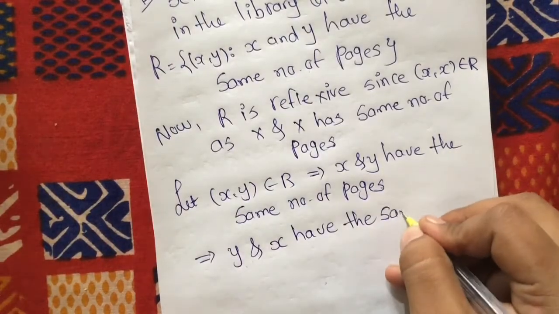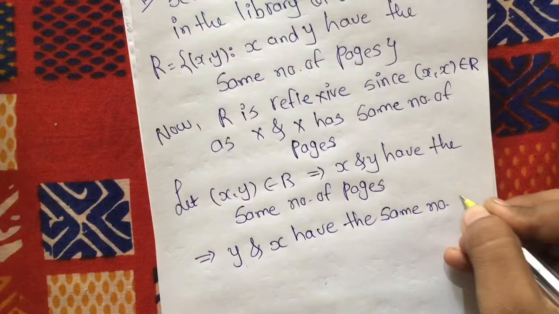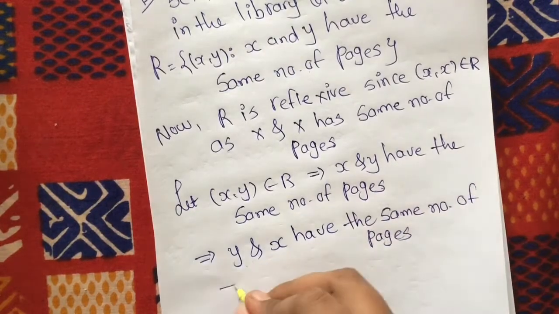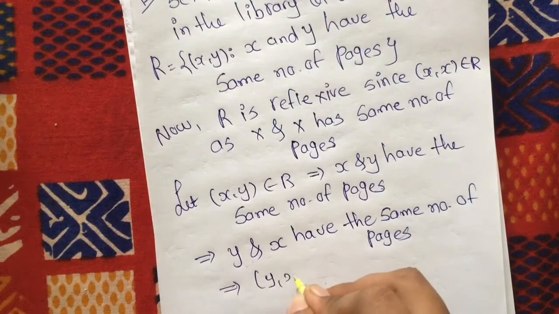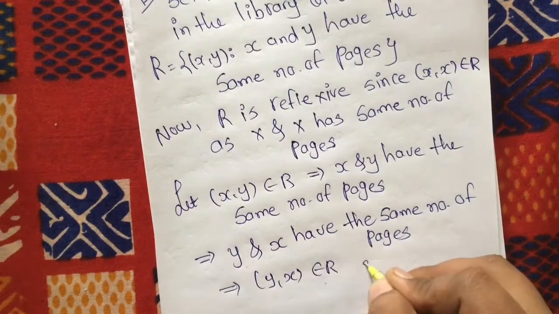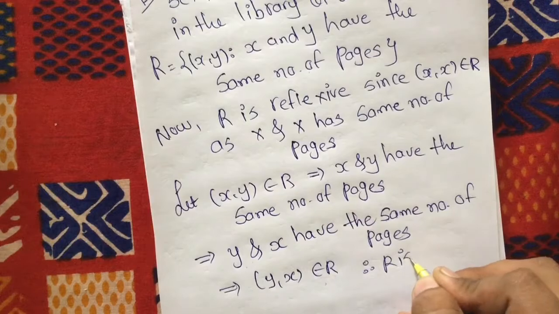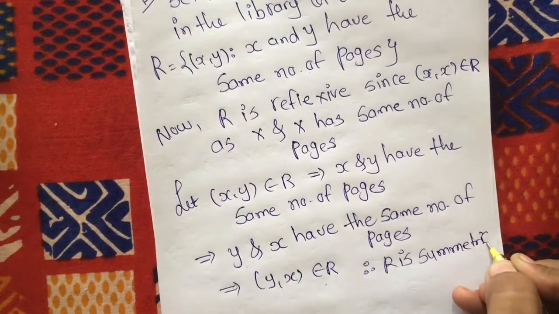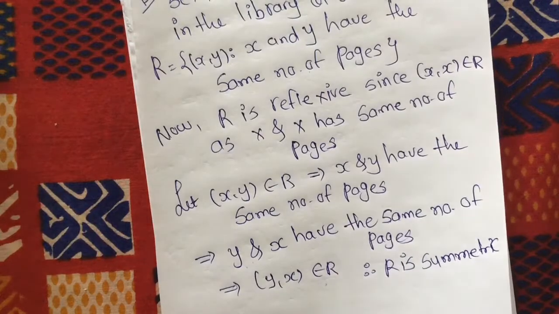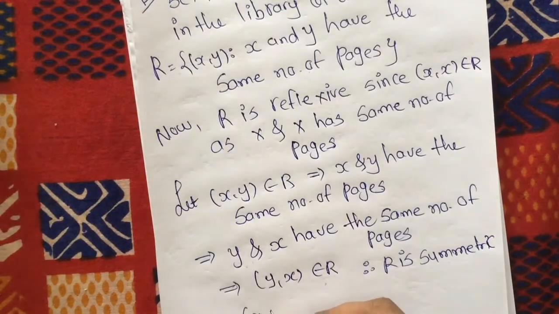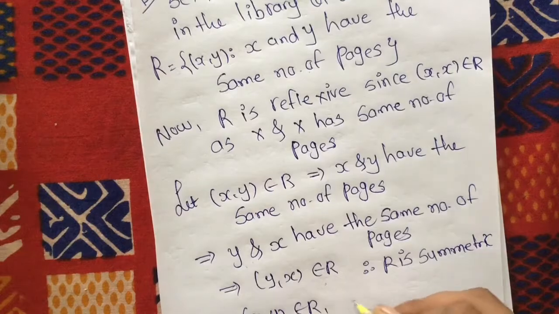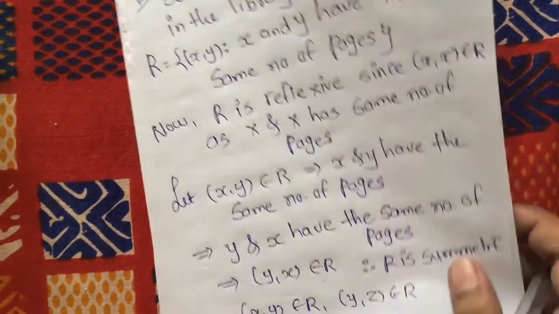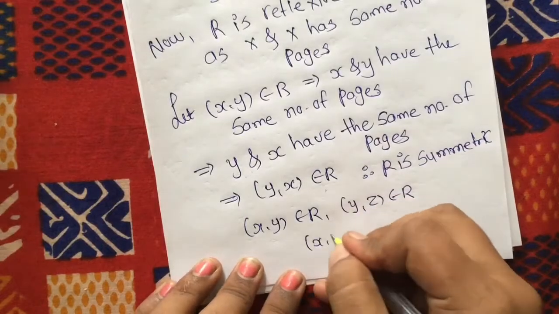Have the same number of pages, which implies (y, x) belongs to R. Therefore, R is symmetric. Similarly you can prove it for transitive as well: (x, y) belongs to R, (y, z) belongs to R, which implies (x, z) belongs to R.